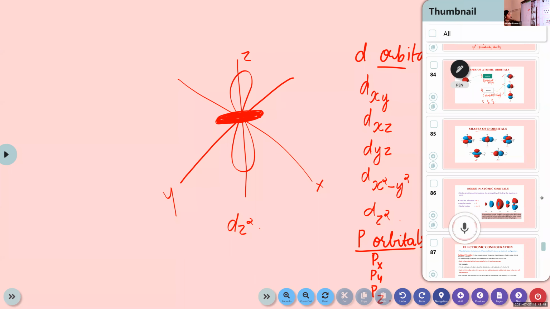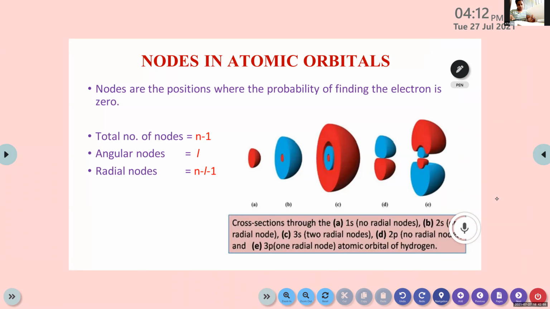Shall I move to next topic, children? Okay, nodes in atomic orbitals. That's important. Nodes are the positions where the probability of finding the electron is 0. In these nodes, we cannot locate an electron.